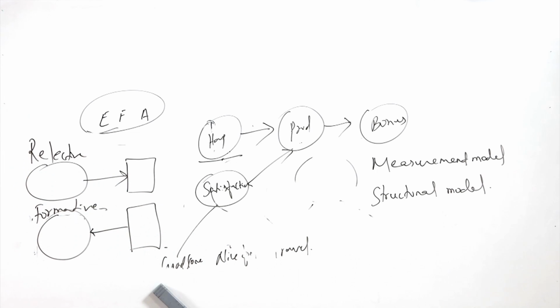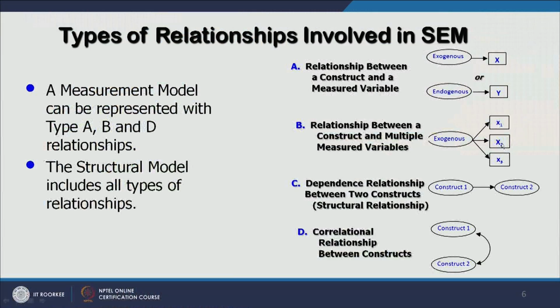Okay. So now the second case is over. In the third case you can see that there is a relationship between two constructs. We are saying construct 1 is affecting construct 2, right. The fourth case is a covariance relationship. This is a correlation, not unidirectional, and this is a covariance structure.